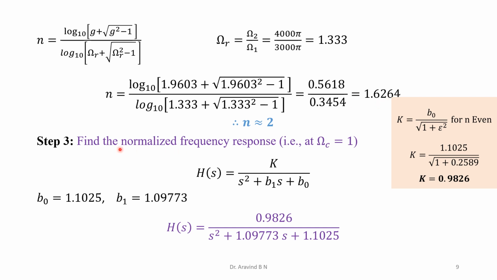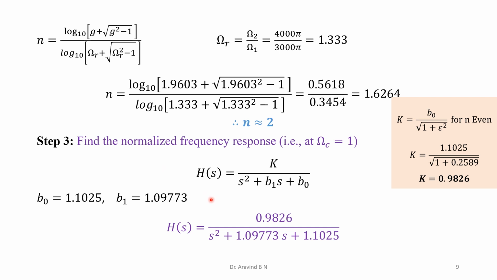So we have got the order of the filter, but the order of the filter is a fraction. We need to round it up to the next integer value. Therefore, we consider order n is equal to 2. So with respect to order 2, find the normalized filter response, that is at omega c is equal to 1.